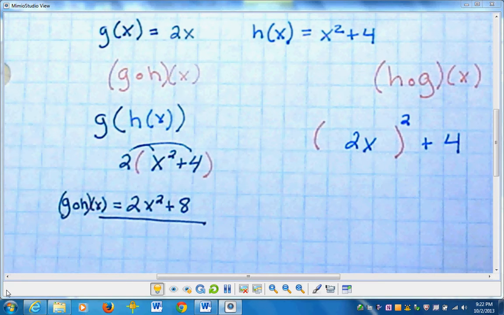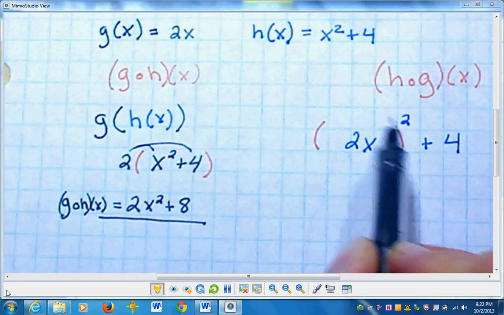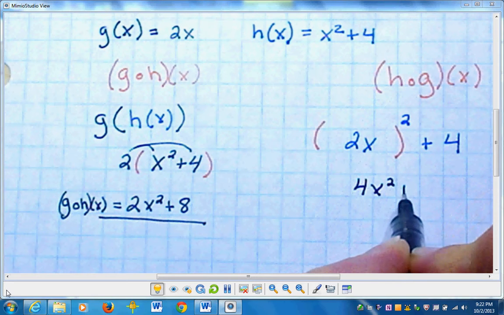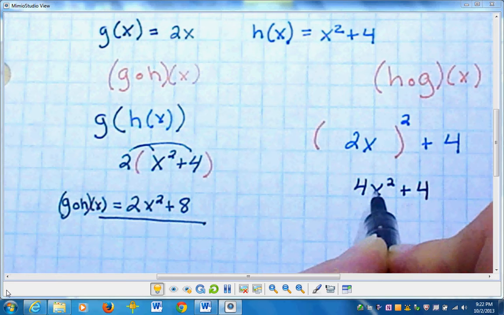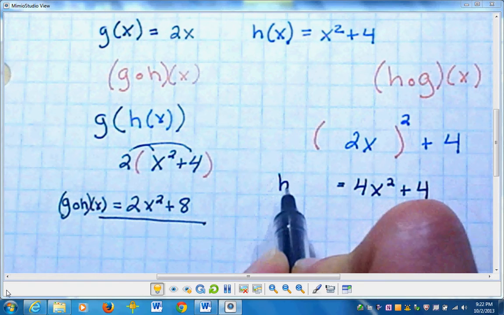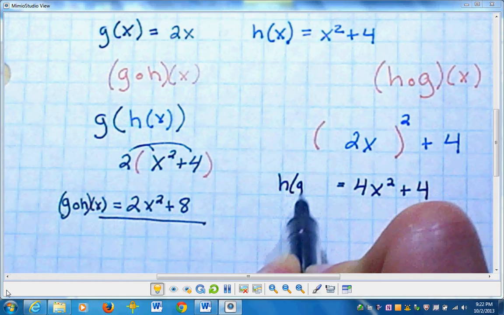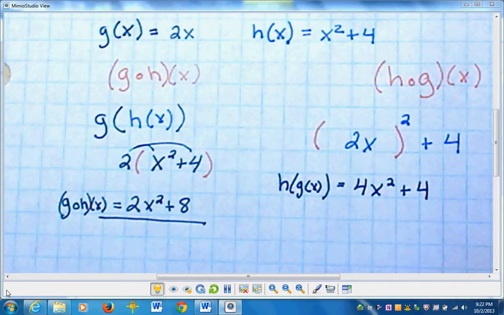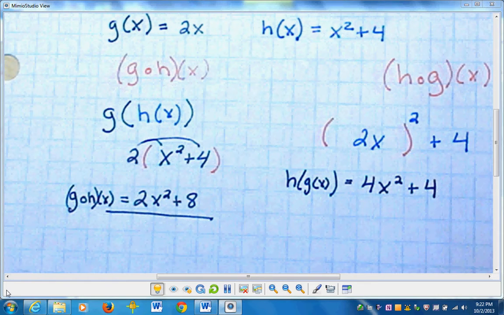So that means that if I square all of this, that gives me 4x squared plus 4. And that was the same as my h of g of x. Okay? So I'm done. That's all you need to do.